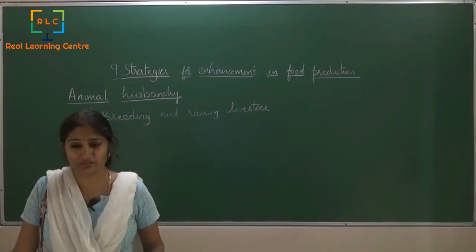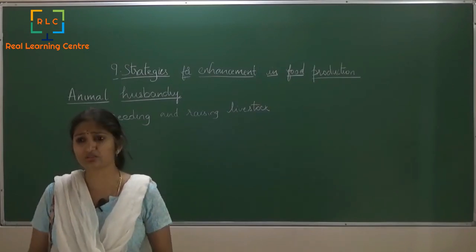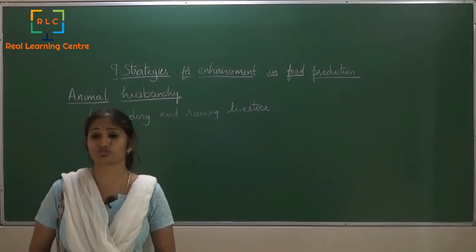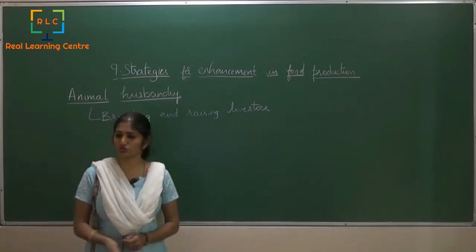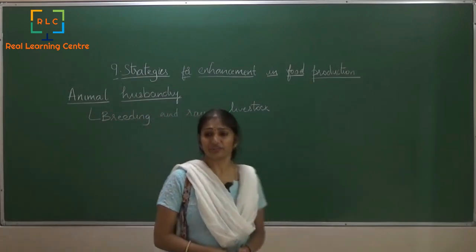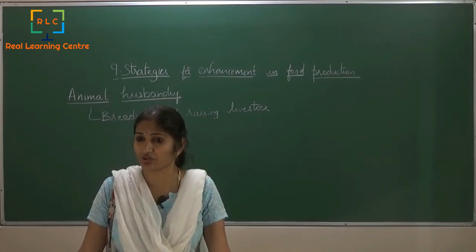But do not forget poultry farming, because poultry is considered one of the very important food sources, a rich meat source for people who eat meat. And then fisheries also come under livestock.